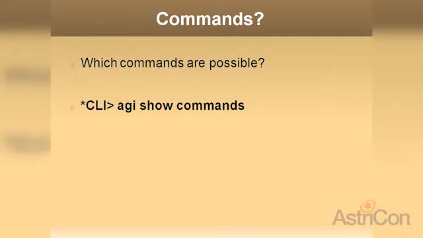Now, I'm sure the question you have is, which commands are possible to use inside AGI? The answer is, if you do an agi show commands on the CLI, you're going to see all those commands.